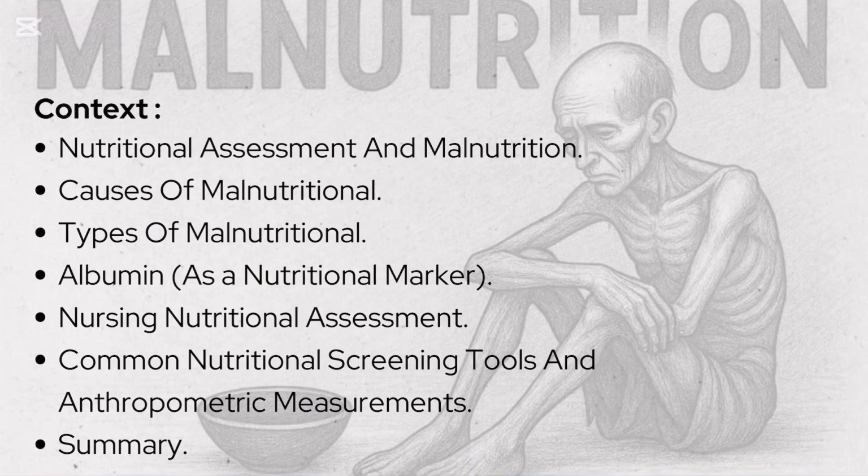Then we will examine the causes and types of malnutrition, followed by the role of albumin as a biochemical nutritional marker. Next, we will explore how nurses perform nutritional assessment and the common tools used to screen for nutritional status, including anthropometric measurements. And finally, we will wrap up with a summary of the key points.